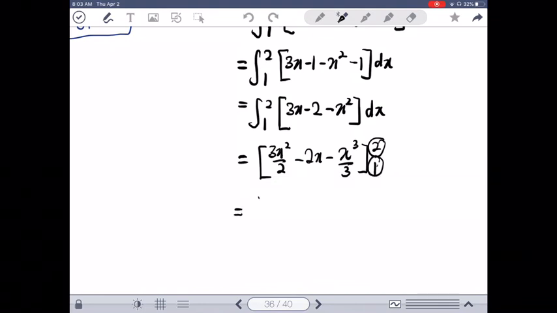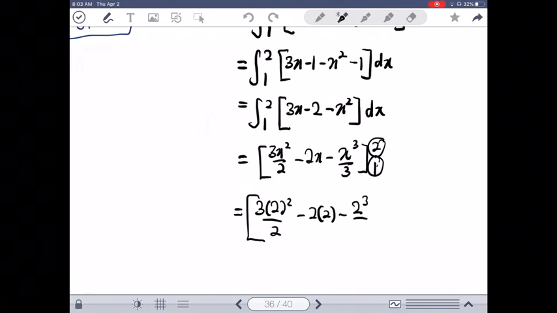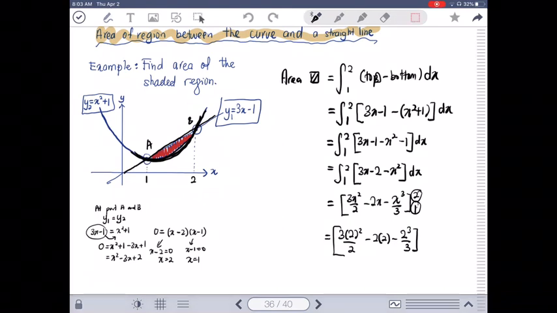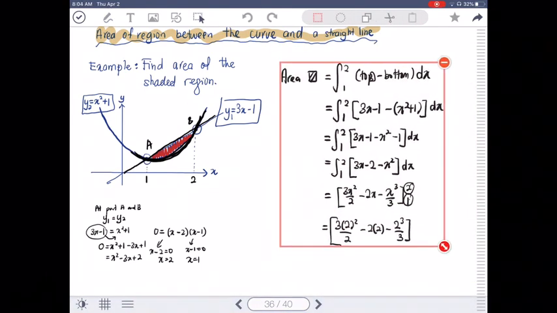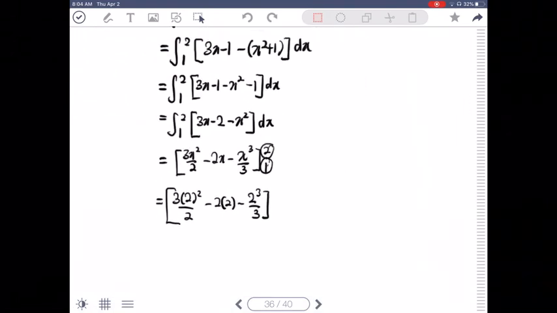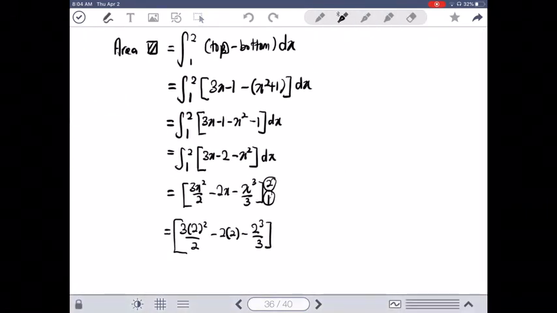As usual, top minus bottom. So we have 3 times 2 squared over 2 minus 2 times 2 minus 2 to the power of 3 over 3, settle with the top one, minus the bottom one.